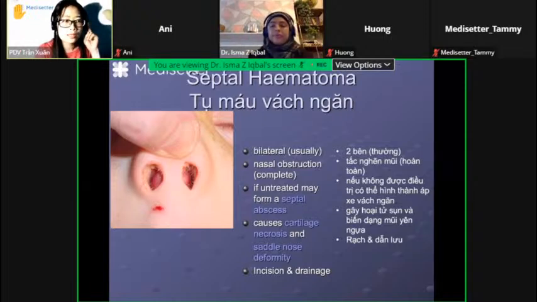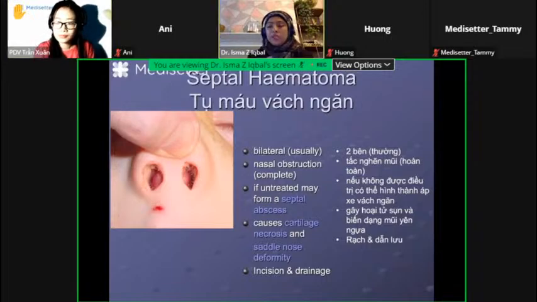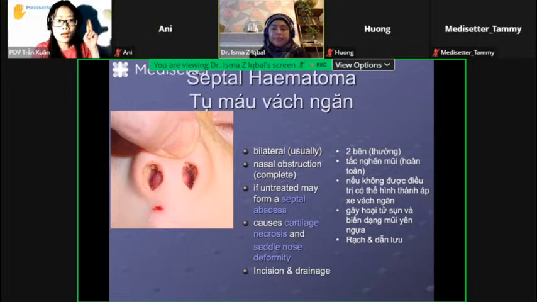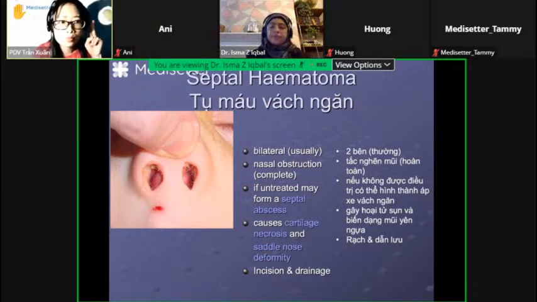We would also send a swab of the pus to microbiology to see which bugs were growing, so we could target the antibiotic.